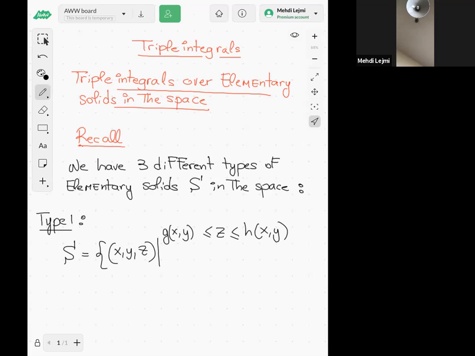On Tuesday, I explained a little bit what I mean by projection of a solid into a plane.